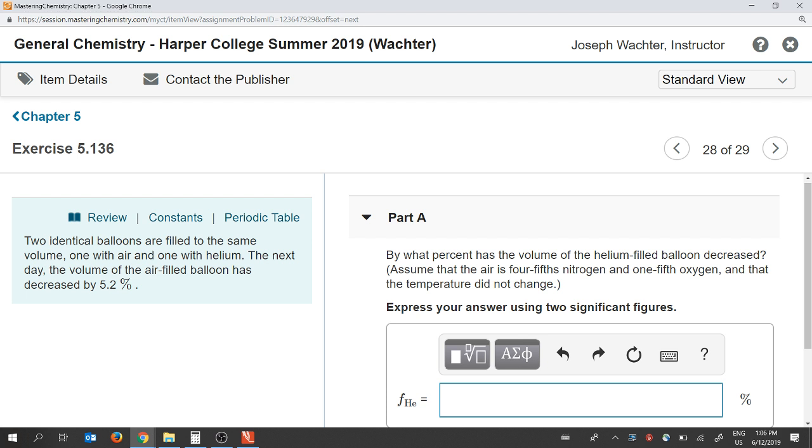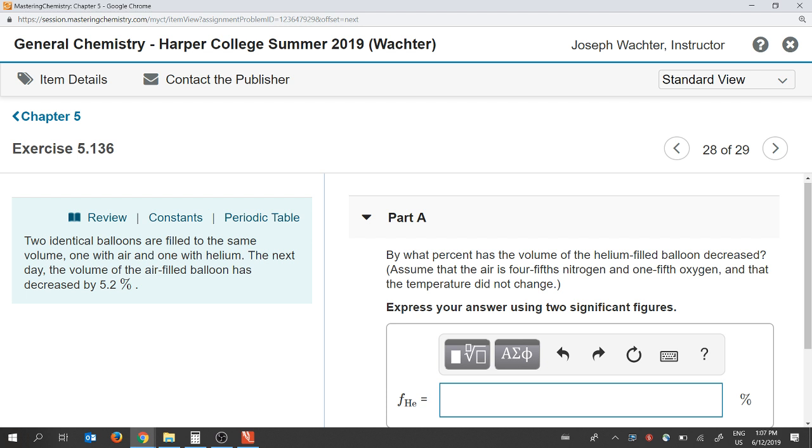So the tricky part here is there is no molar mass for air. So we're going to use a weighted average of what it tells us to assume air is. The molar mass of air is going to be 4/5 nitrogen and 1/5 oxygen. So that's 0.8 times the N2 molar mass, which would be 28, plus 1/5 or 0.2 times the oxygen, which is 32.